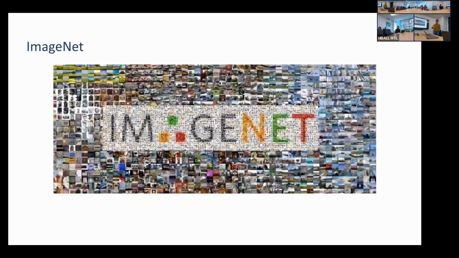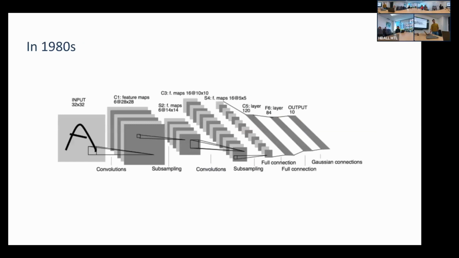And the idea was introduced at the end of the 1980s, but throughout the whole 1990s, they didn't really see the success that they deserved. Because these networks require a lot of data to train, right? There are so many parameters, and you need to see variations of the input for every class.